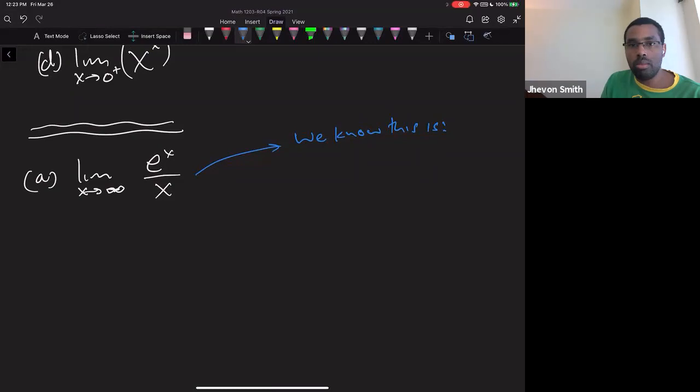As x approaches infinity, what is the answer? Like the final answer. Tell me the final answer, because it's something you should actually know by looking at it. Should be infinity. Why? Like if you had to show your work, what would you write?